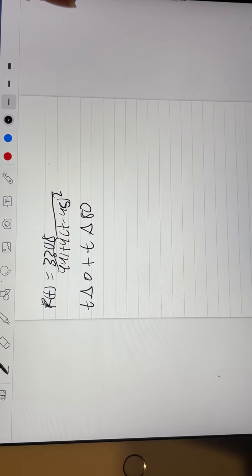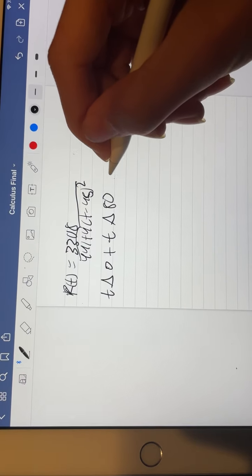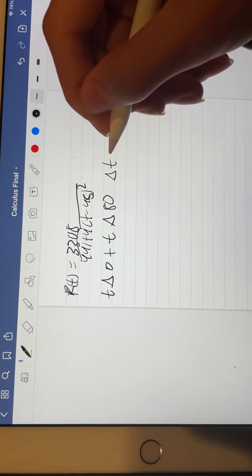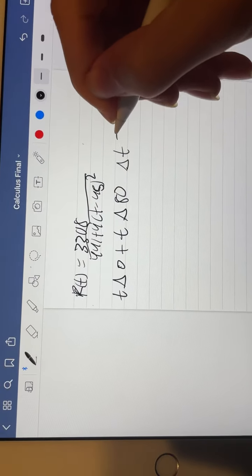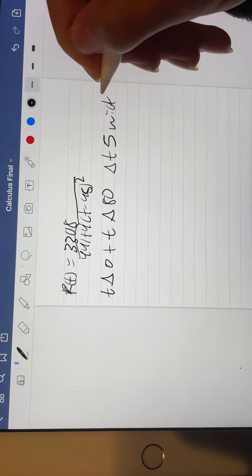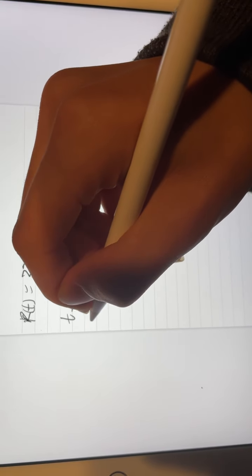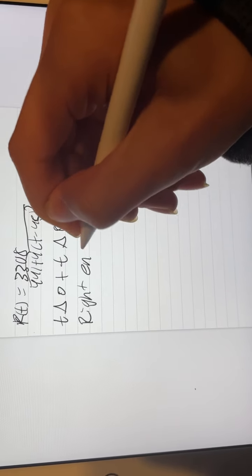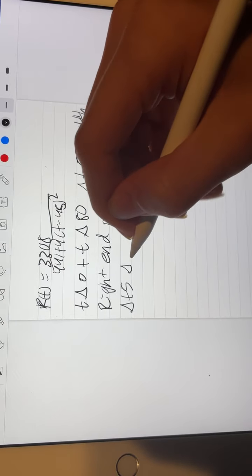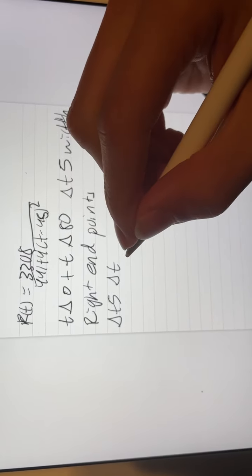All right, so we know that each width is roughly 5, so the width is 5. Each segment will go up by 5, so the right endpoints would each go by increments of 5, the delta t change.